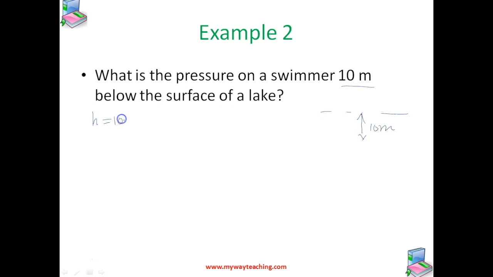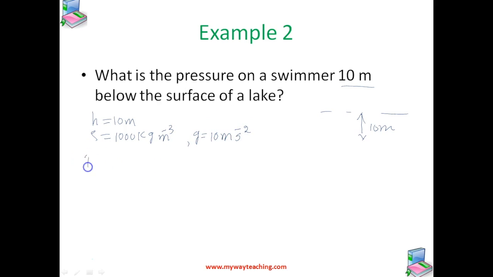That h is 10 meter. And we know rho is 1000 kg per meter cube, and we can consider g as 10 meter per second square.